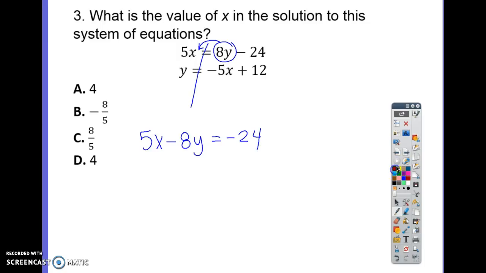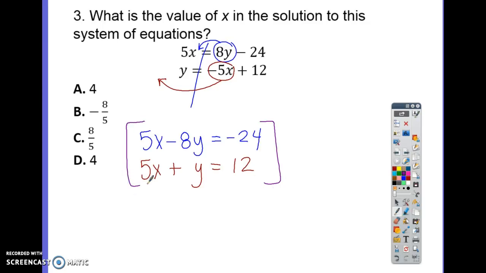And for the bottom equation, I need to move the negative 5x in front of the y, because it has to be in order, and change that to a positive 5. So that's 5x plus y, because this is a positive y, equals that 12. Okay, and now it's ready to be put in matrix.